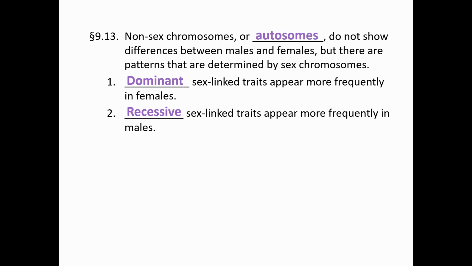So if she has one recessive allele, she has a second X to mask the first. But in males, since they are XY, they only have one X. So if they have the recessive X allele, they don't have a second X to mask the first one. The Y is actually a different size and shape chromosome that does not have the same genes on it.